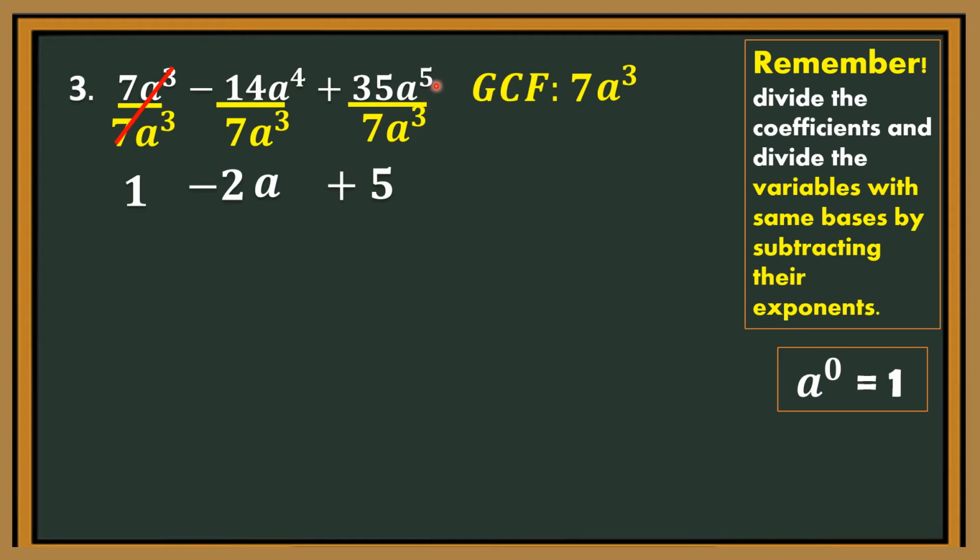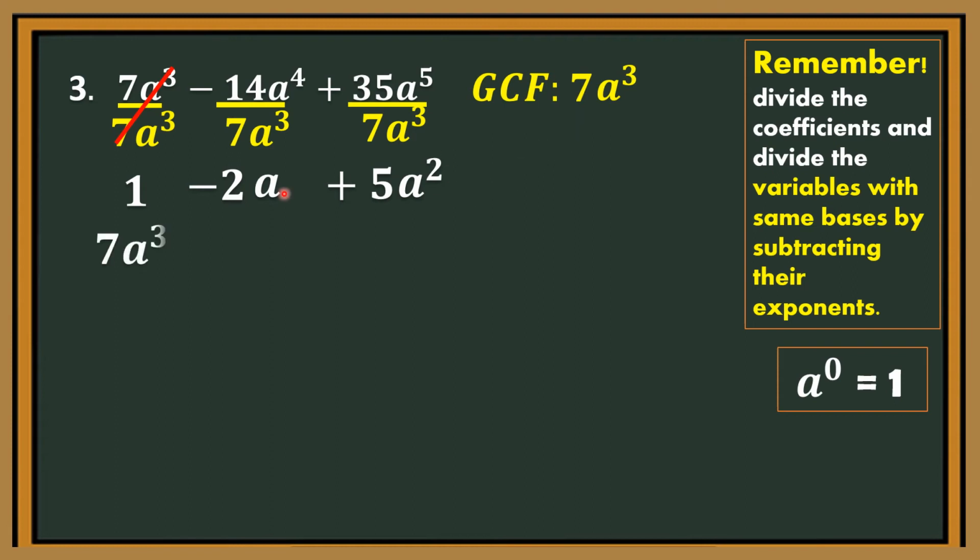A to the fifth divided by a cubed, same variable. Therefore, we can subtract the exponents. 5 minus 3 is 2. Therefore, we will have now a squared. This is your second factor. Let us put them together.